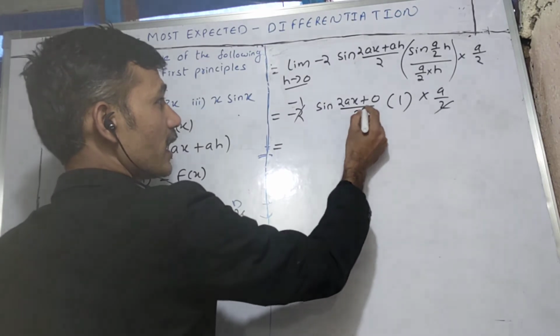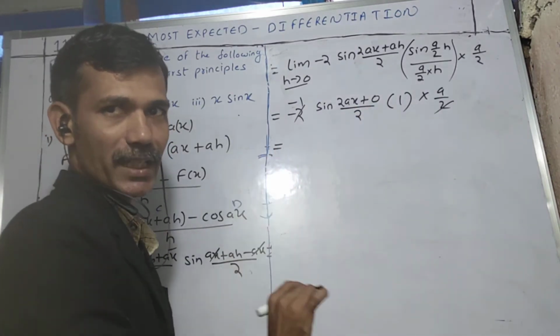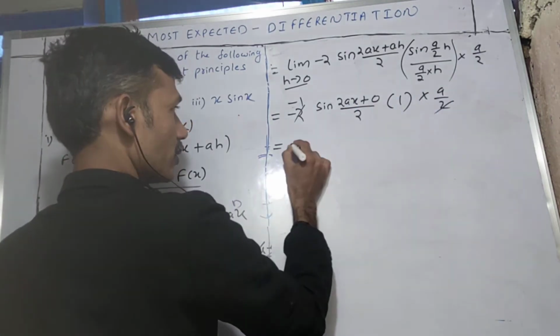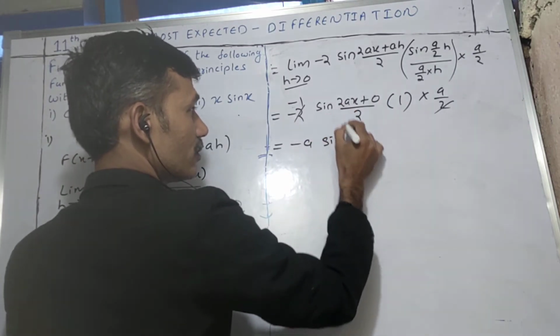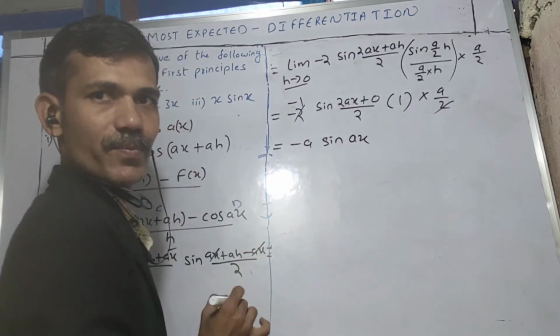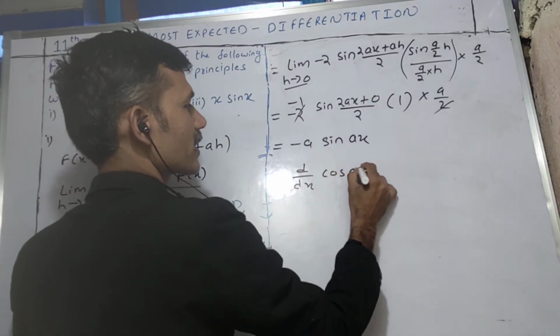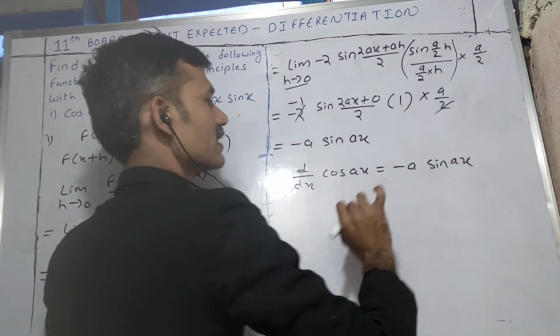Here 2ax plus 0 means 2ax only. 2ax upon 2, the 2 will get cancelled, so we get ax. This is a constant, you can write it at the front side. So we get sin ax. Therefore, what is the derivative of cos ax? Minus a times sin ax. This is the derivative.